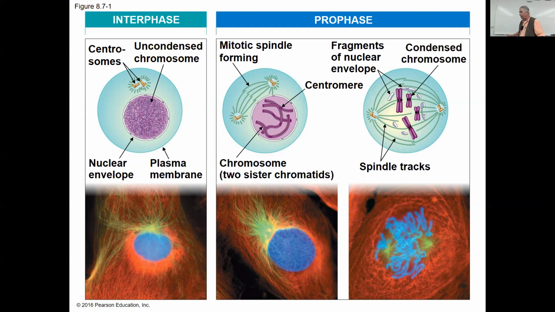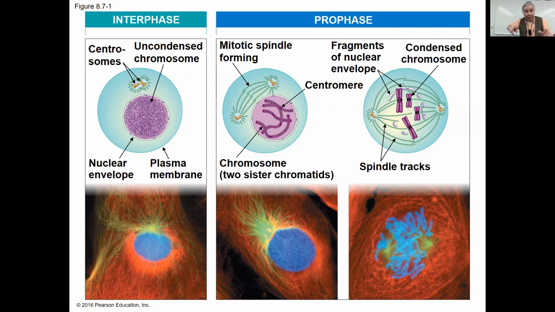what's going to happen here is we have a cell in interphase right here. Right? Then we have what's called a mitotic spindle form. These are microtubules that are going to attach to chromosomes and move chromosomes. And in prophase, what happens is the spindle fiber forms, the chromosomes condense, and they get into this jumble of chromosomes.